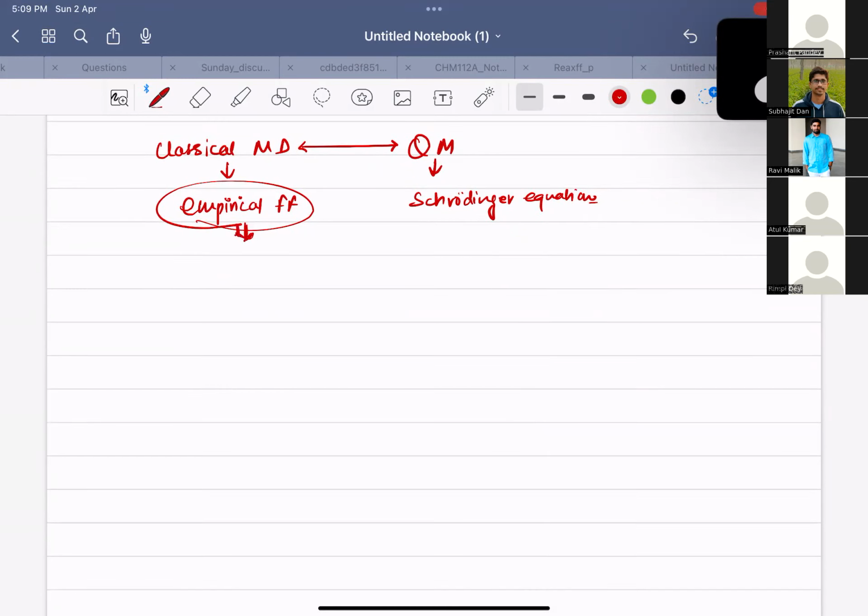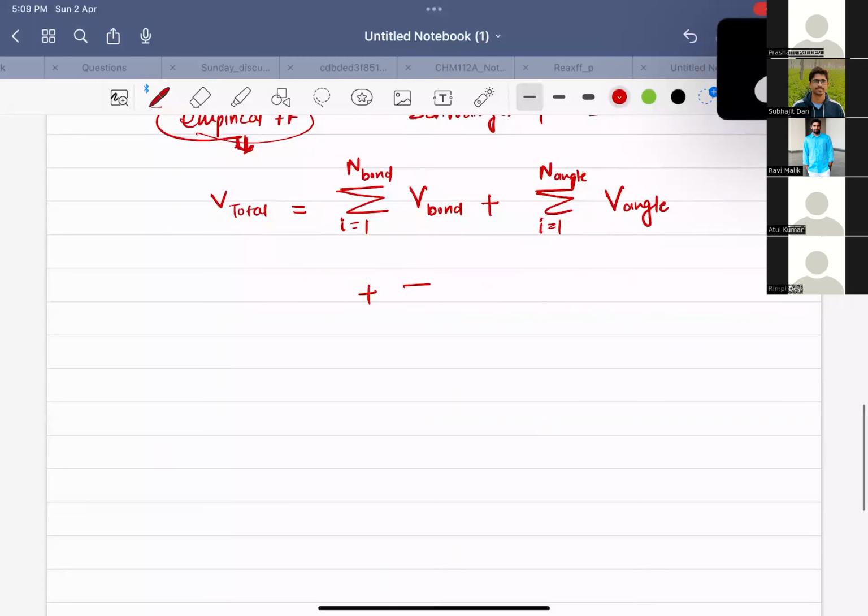Therefore we can write the total potential energy of the system as the summation over i from 1 to the number of bonds, plus the summation over the angles, plus the summation over the dihedral angles, plus the non-bonding parameters.